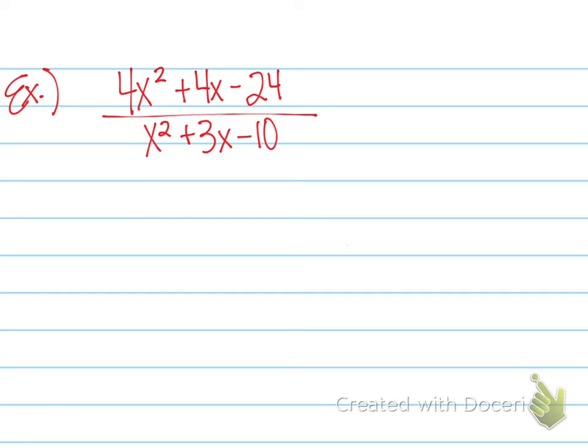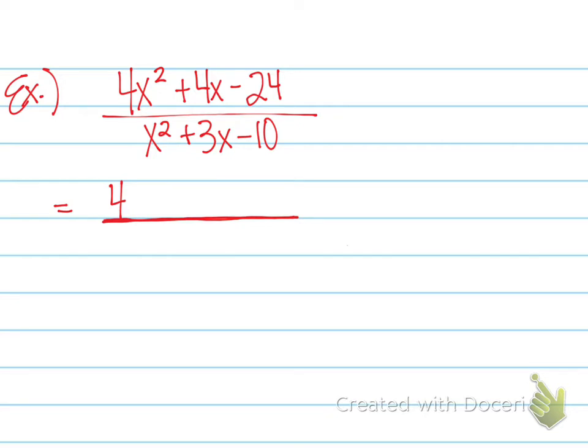So first, we want to factor out the numerator. Now, before we factor out, is there a number that we can factor out first? Well, yeah, there's a 4. They all have a 4, something that goes into 4.